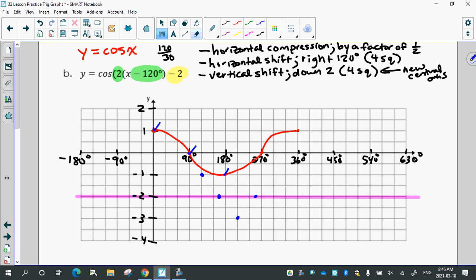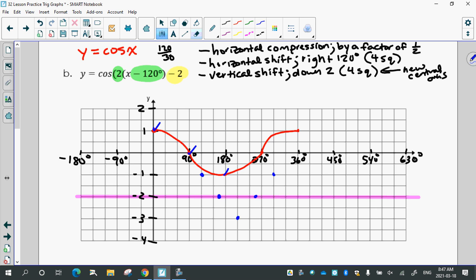And then for 360, I'm going to cut it in half, so 360 divided by 2 is 180. 4 squares to the right, 1, 2, 3, 4, down, 1, 2, 3, 4.